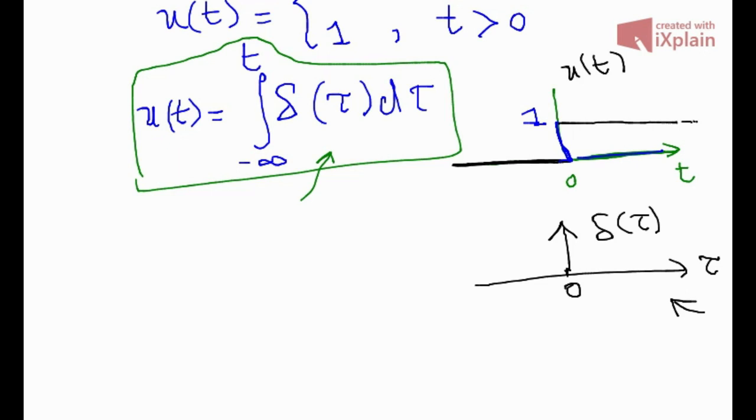Now if we integrate delta of tau from minus infinity up to a point where our time t is negative, the function has no value in this range, from minus infinity up to just before 0.